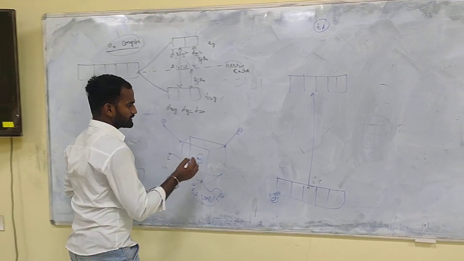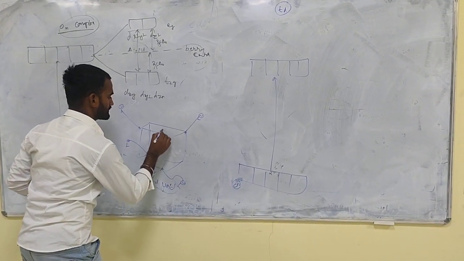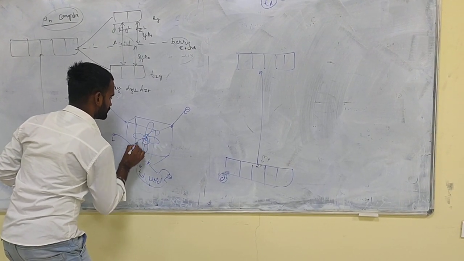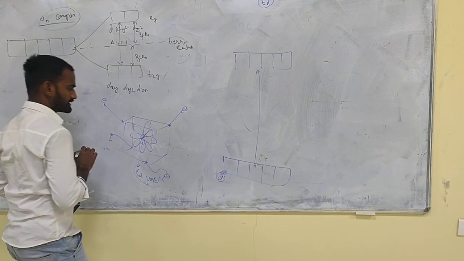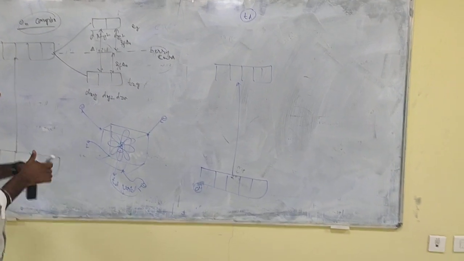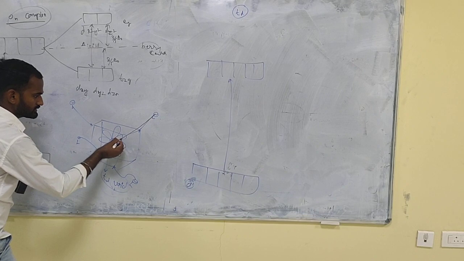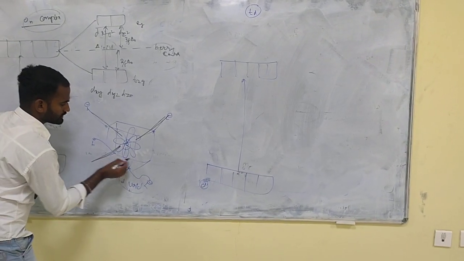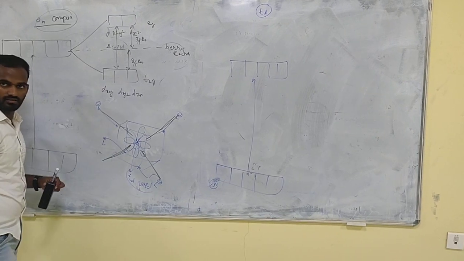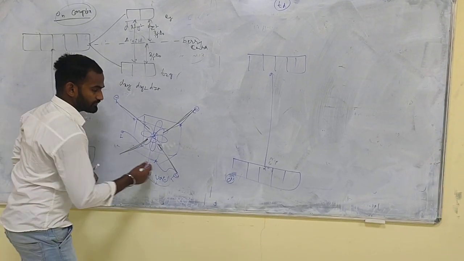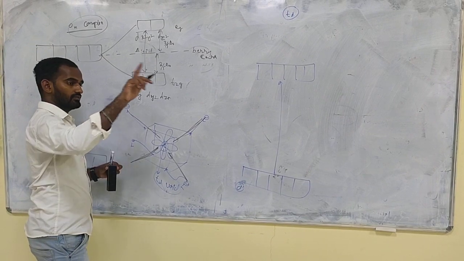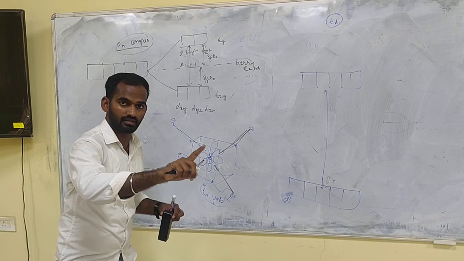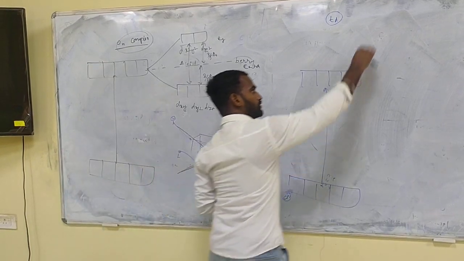Now suppose I draw the d orbitals like this. We can see that the ligands approach in these positions, which means indirectly the non-axial orbitals will face more repulsion. In the octahedral complex, the axial orbitals face more repulsion and go to higher energy.